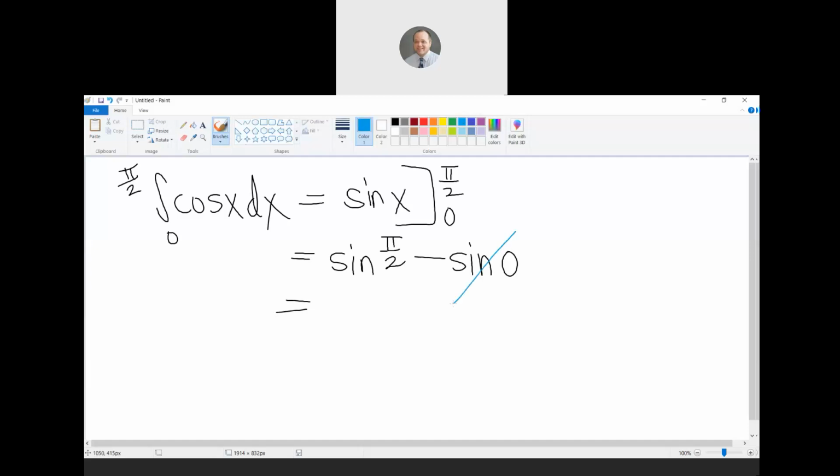We know sine of 0 is 0. Sine of pi over 2 is sine of 90 degrees, and that's positive 1. So make sure for future lessons, might not necessarily be this particular lesson, that you know the basic trig integrals I showed you.